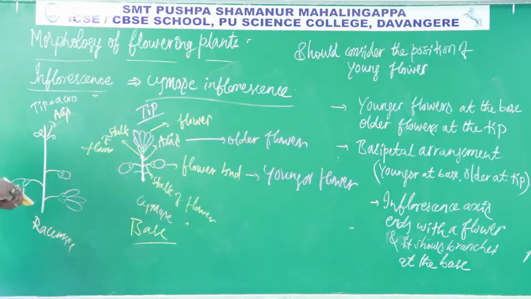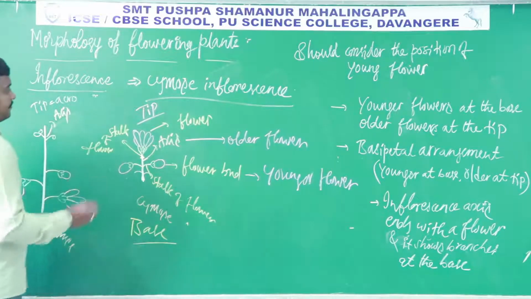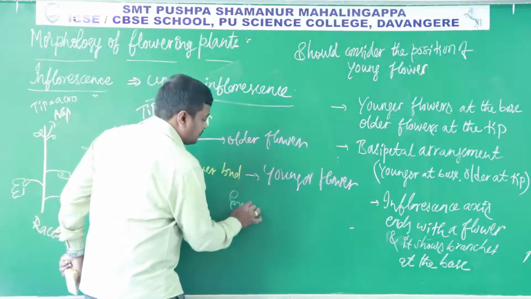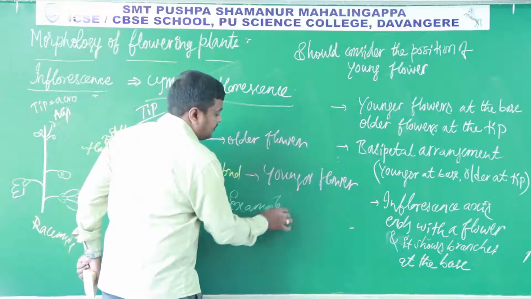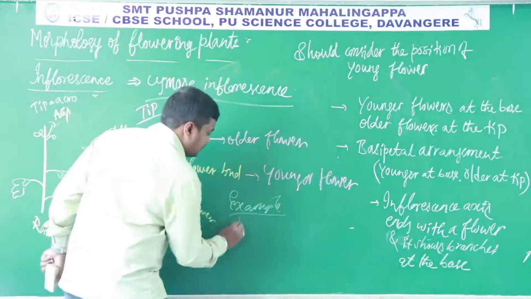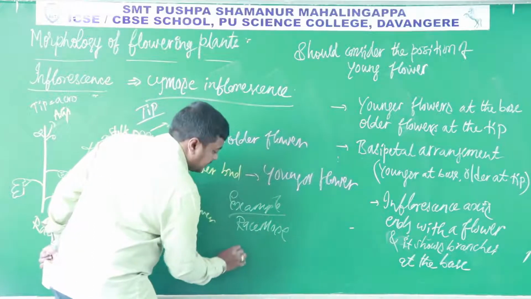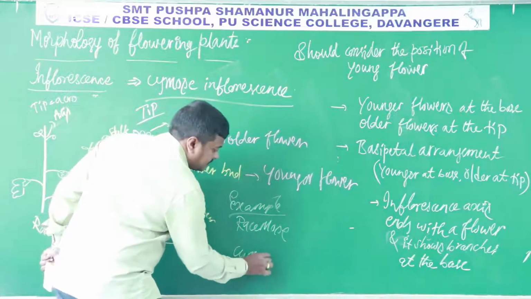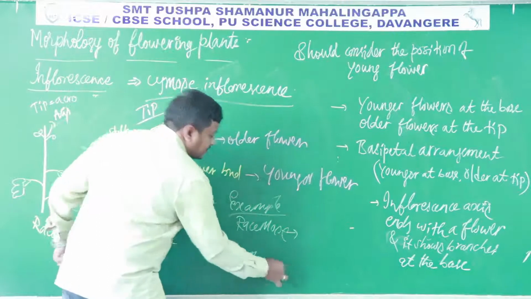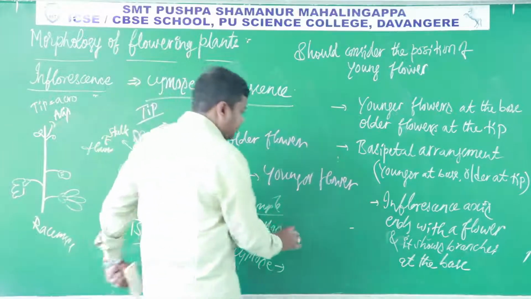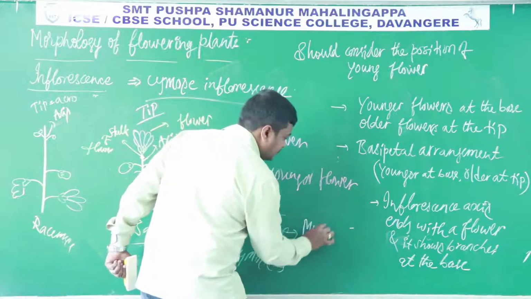I forgot to tell the examples for racemose inflorescence. So let me write the examples for racemose and for cymose. The best example for racemose inflorescence is mustard inflorescence.